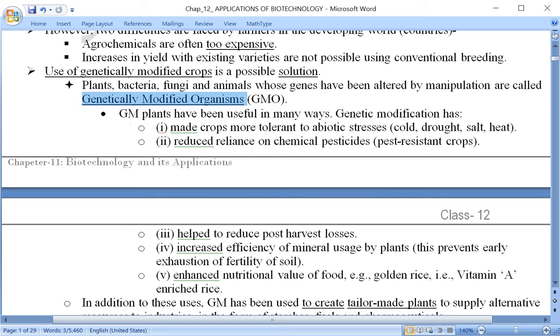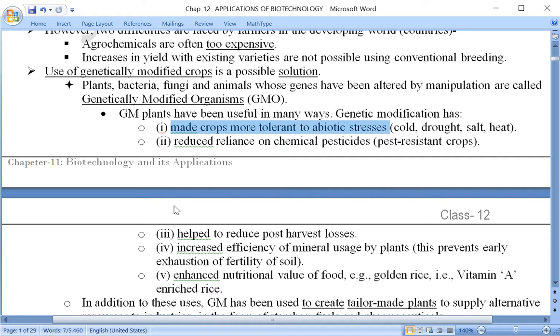Now when we talk about a genetically modified plant, how can it be useful to us? Genetically modified plants can be useful in many ways. Let us see these 5 main points. First one is made crop more tolerant to abiotic stresses.